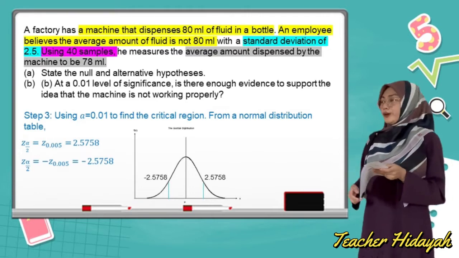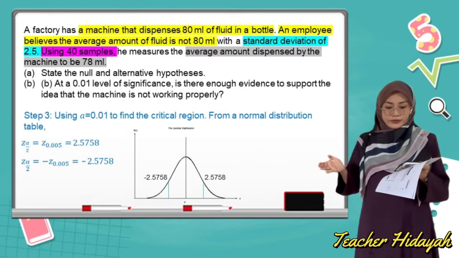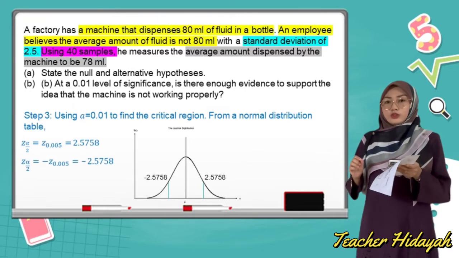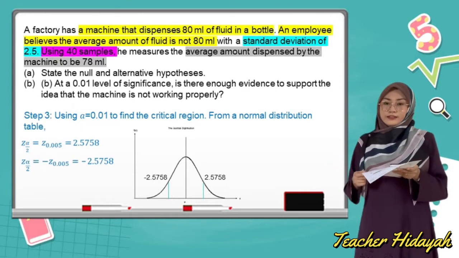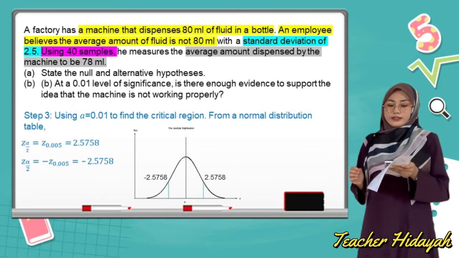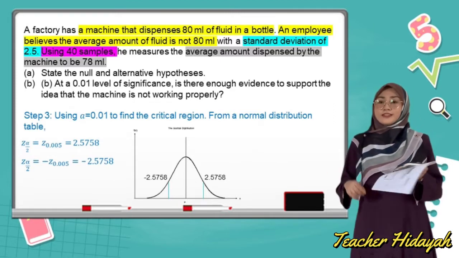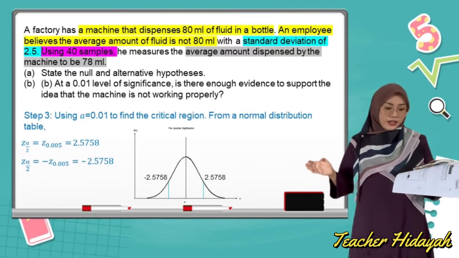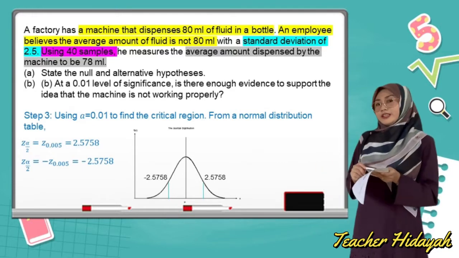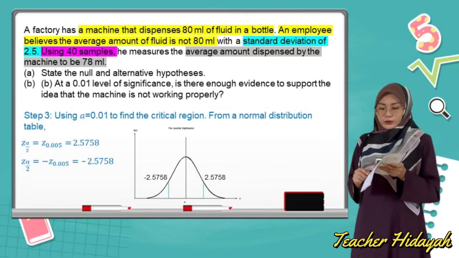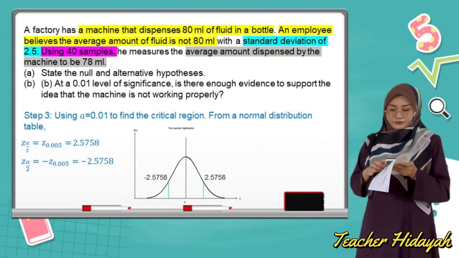We search for where the value of alpha 0.005 is located, and we get 2.5058. After that, the left tail test. We write negative Z 0.005, and since the graph is symmetrical on both sides, the value is going to be the same. Just add the negative sign in front of the value, so it will be negative 2.5058.